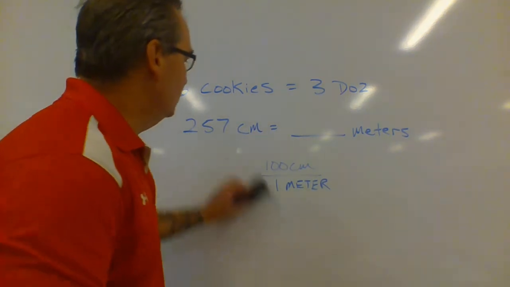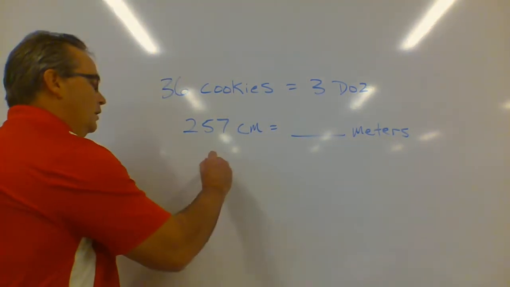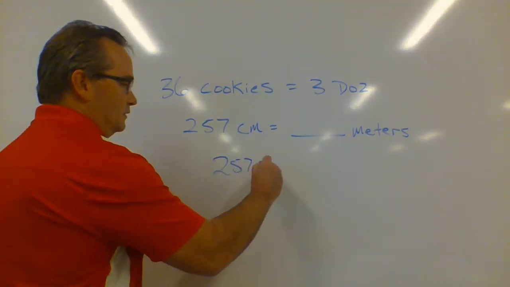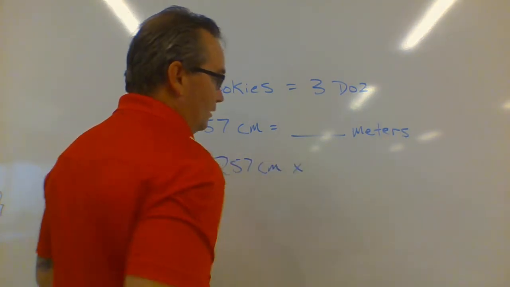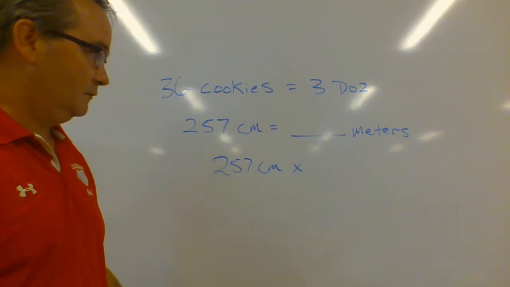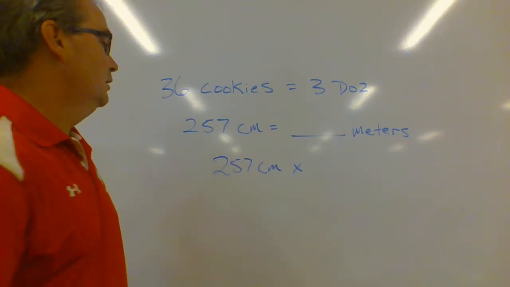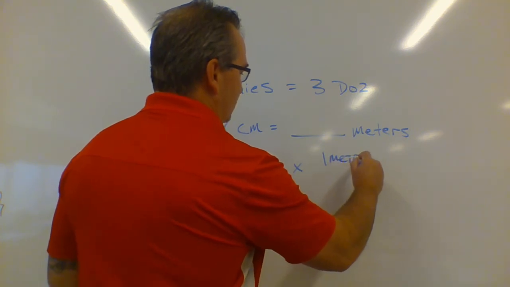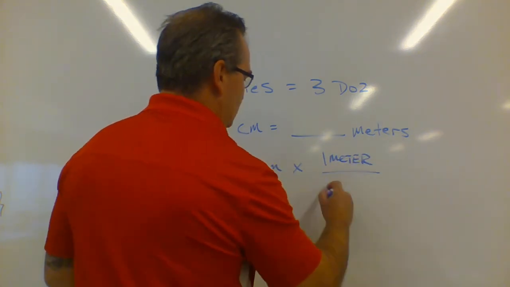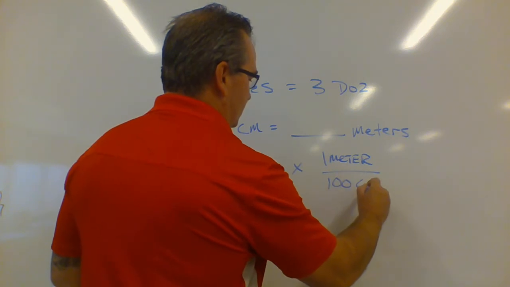So if I take my 257 centimeters and I multiply that by a conversion factor, which is just a fraction that equals 1, so I know that 1 meter is the same as 100 centimeters.